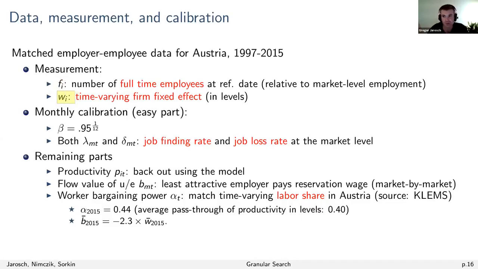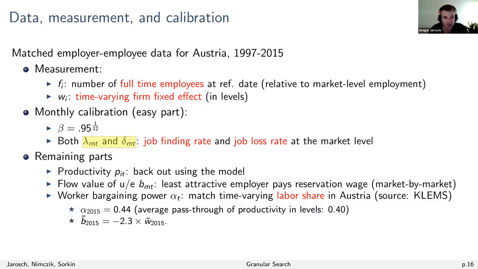There we're using a two-sided AKM with time-varying firm effects. That's reasonably uncontroversial. And then you have these parameters that you can just read off the data because they are just worker flows, right? So the job finding rate at the market-time level and the job separation rate, these things are easy. They're doable and relatively uncontroversial.